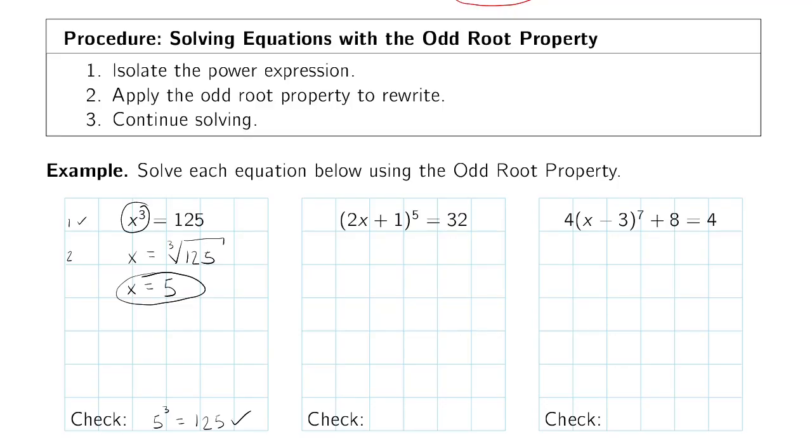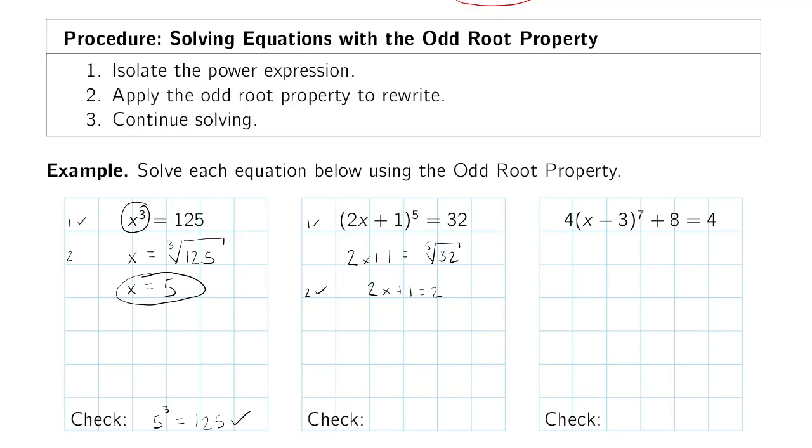So that was the most basic kind of equation that we can solve using this process. In this next example, our power expression is already isolated, but after we apply the fifth root, 2x plus 1 is equal to the fifth root of 32. In other words, 2x plus 1 is equal to 2. So we've applied the fifth root, but x is not by itself yet, so we need to continue working to solve for x.